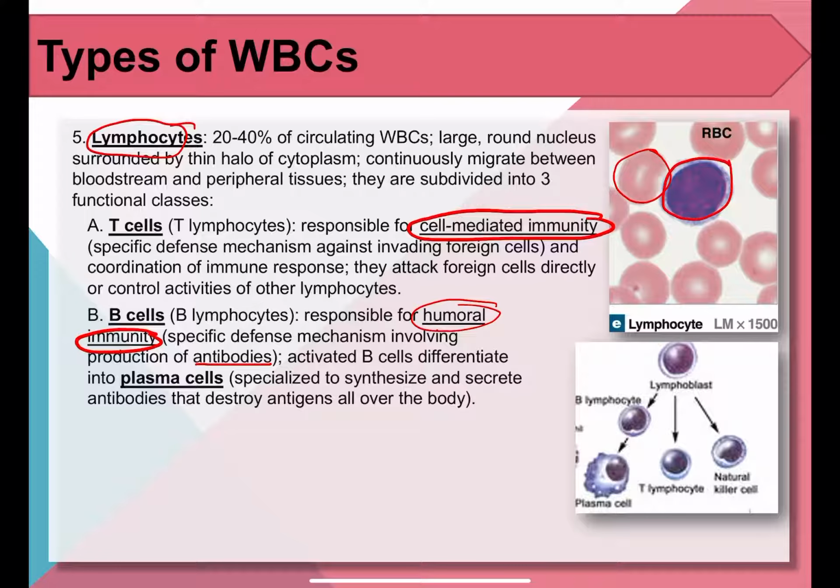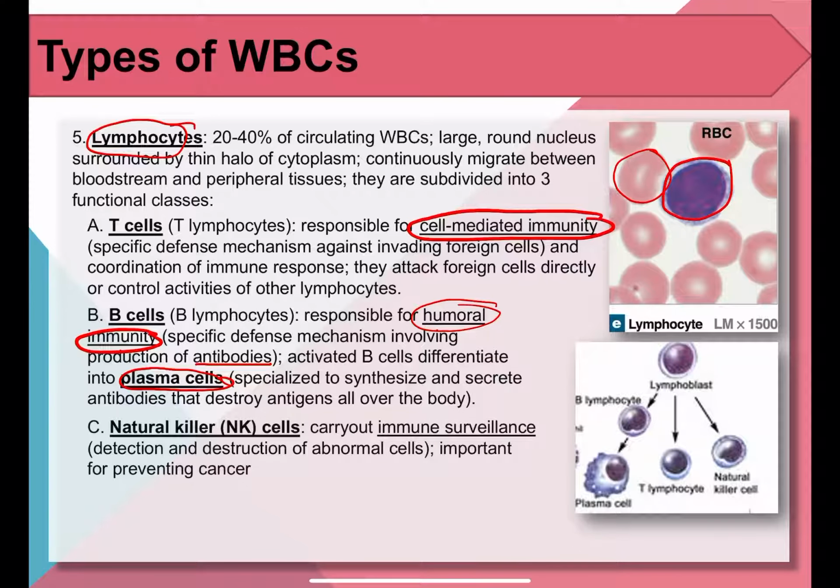Activated B cells will differentiate into a specific group of soldiers, an army of soldier cells called plasma cells, which divide in massive amounts to make huge amounts of antibodies so you can quickly fight the pathogen specifically.